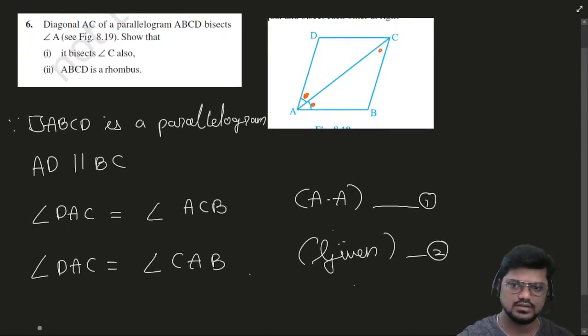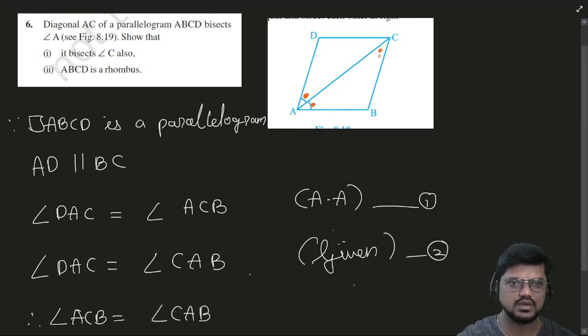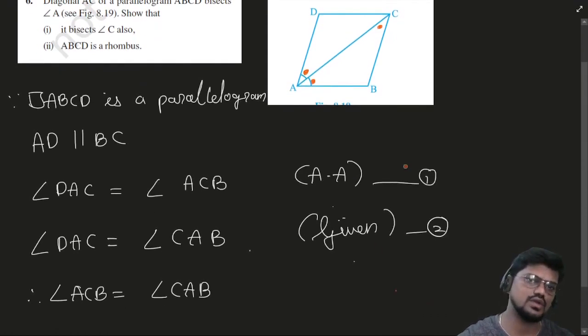Therefore, angle ACB is equal to angle CAB. That means this angle is equal to this angle.